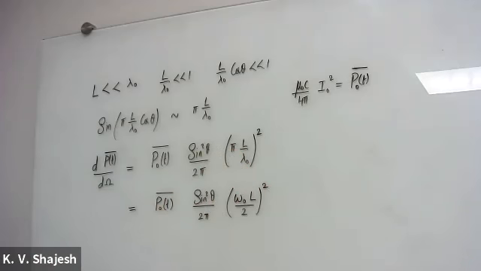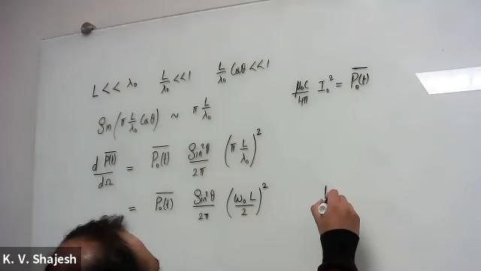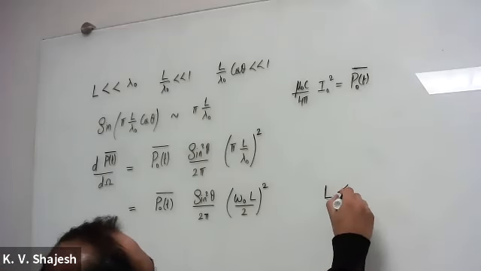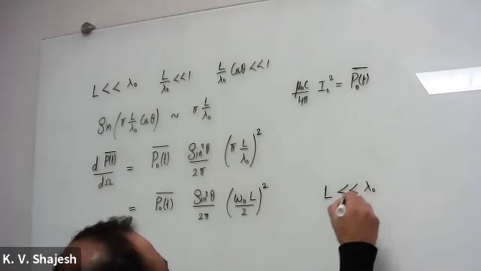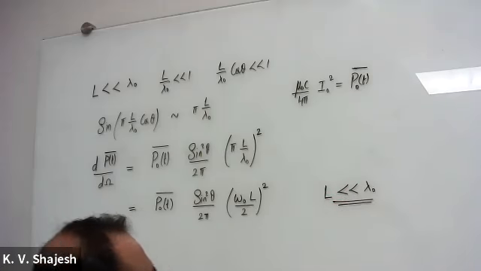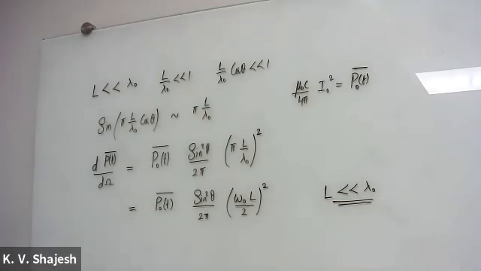For the antenna, it is more common to talk in terms of wavelength. It tells you that it depends on the frequency square. But remember, this is all for L being very small compared to the wavelength. It is an extremely large approximation.